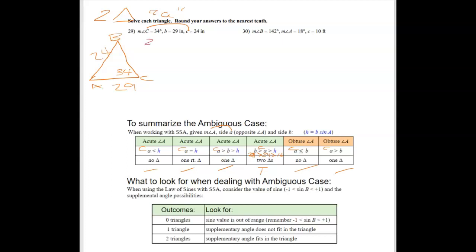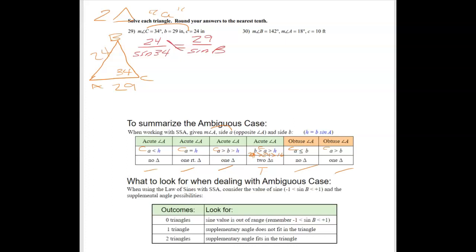So I'm going to do 24 over the sine of 34, which means we're going to have one obtuse and one acute angle. What's our other side? 29 over sine of B.